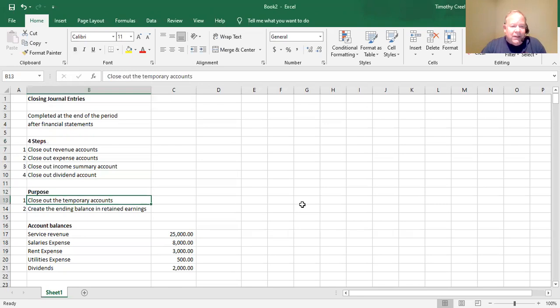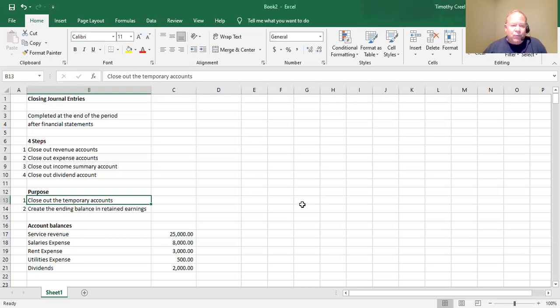The purpose is you want to close out all the temporary accounts. The temporary accounts would consist of the revenues, the expenses, the income summary, and the dividends, so that when you start your next month, you start with a zero balance, and any activity in those accounts is just related to the current period.